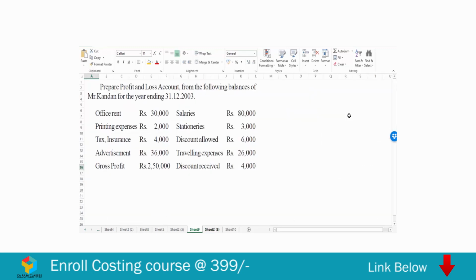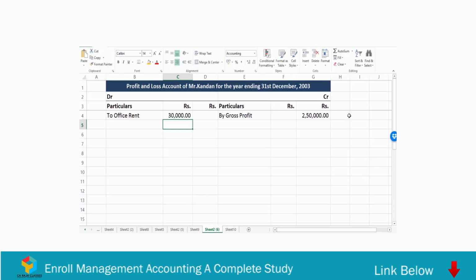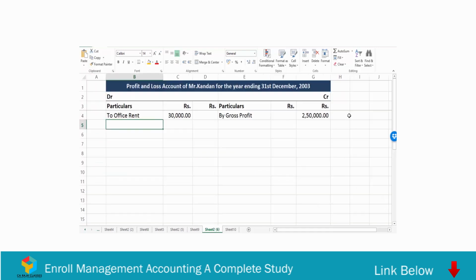Then we have office rent, say the first expense, we have office rent. Let's capture that. So that should appear on debit side. To office rent, what was the amount? We have 30,000. Then we have printing expenses of 2,000.